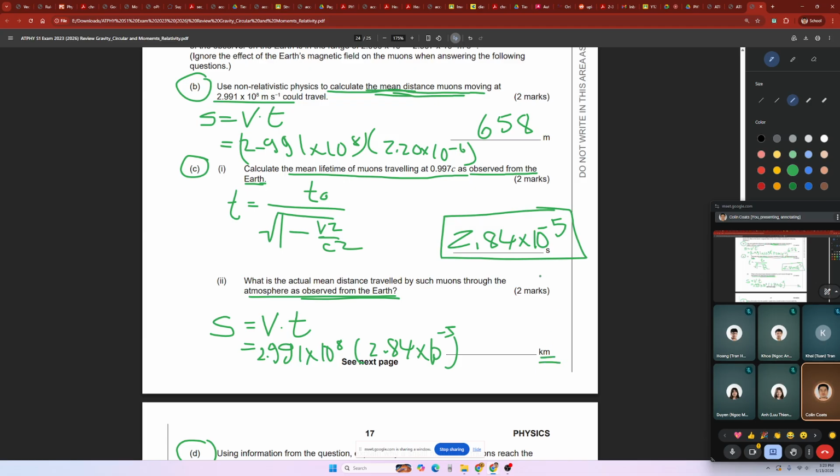Please remember to convert. This is going to be in meters because we have meters per second and we have seconds. So be careful when you write your answer that you convert it. The answer comes out to 8,400 something meters, so we need to convert it to kilometers, and that's what it comes out to, 8.49 kilometers, yes?